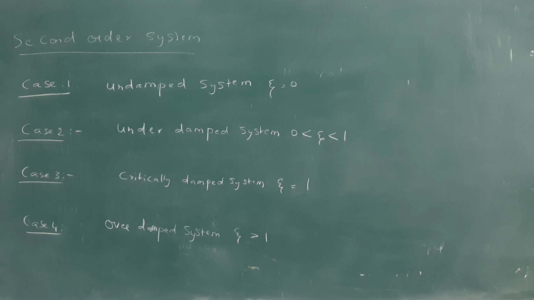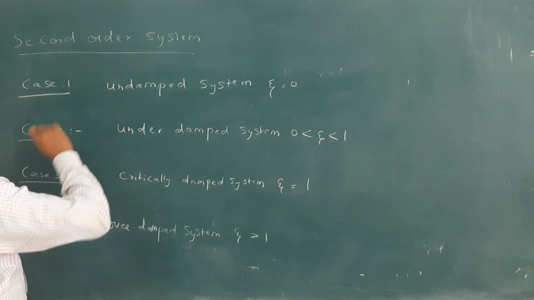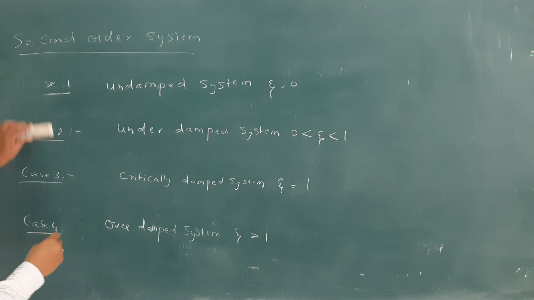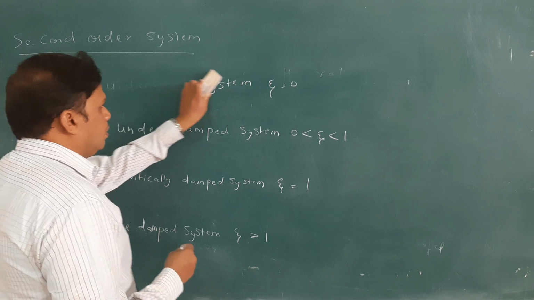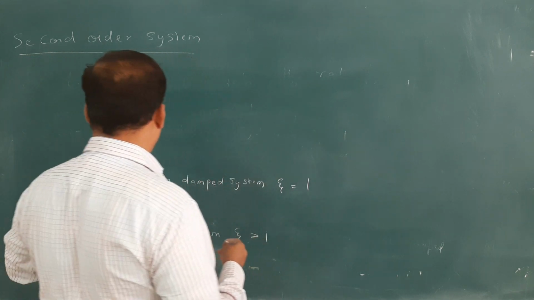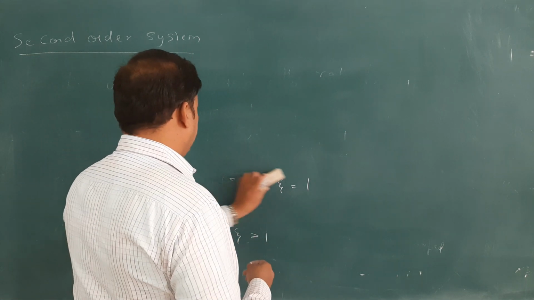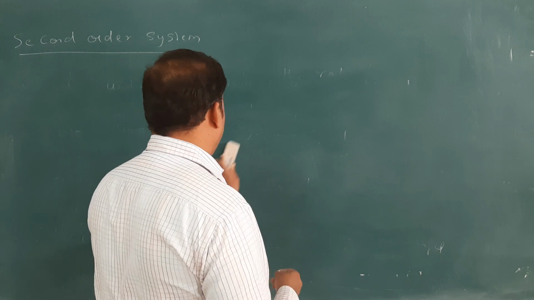Now we will write about the characteristic equation of the second order system. What does the characteristic equation tell?